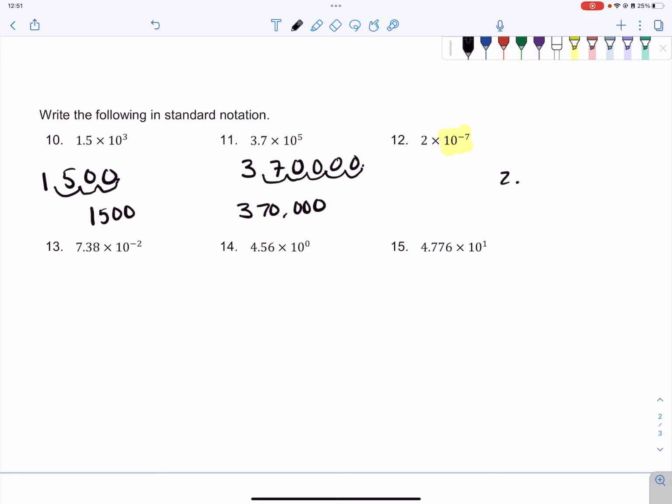So that means we are going to need to move it to the left. So 1, 2, 3, 4, 5, 6, and 7. So that is where my decimal place is going to be now. So we're at 0.0000002 as our number for this one.